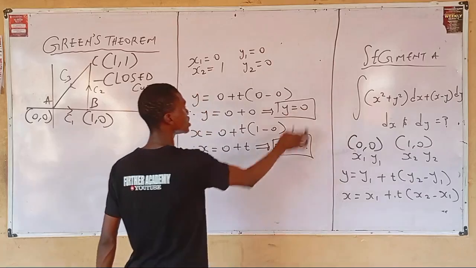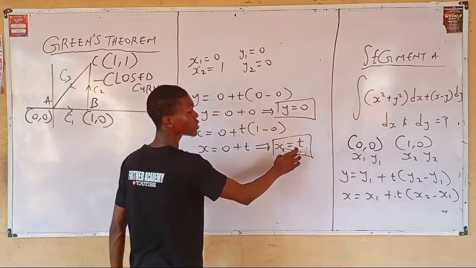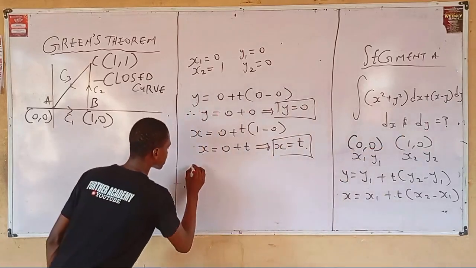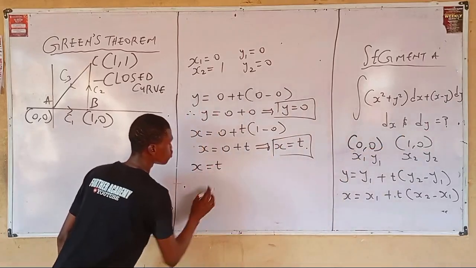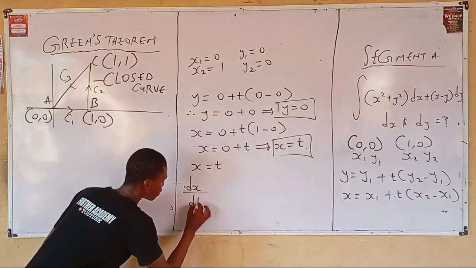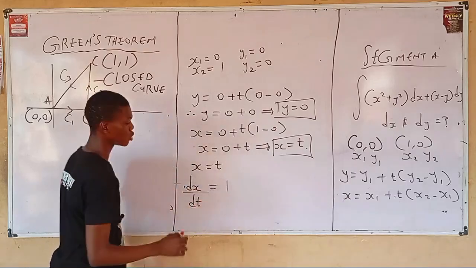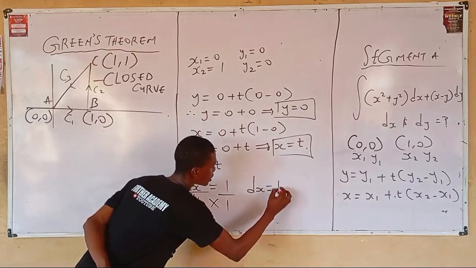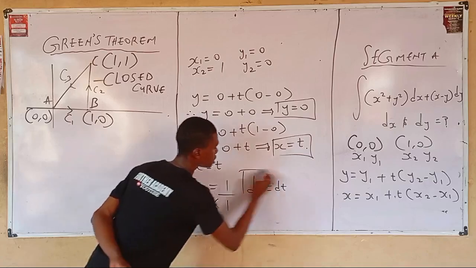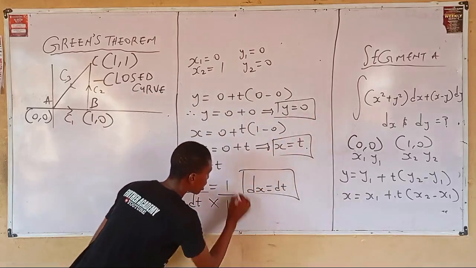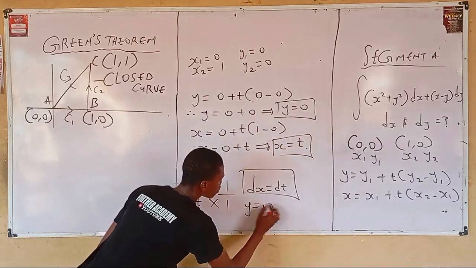By the time you differentiate the function of y and the function of x, you are going to get this unknown. Starting with x, I have x equals t. Let's differentiate, meaning dx over dt equals 1. Cross multiply, meaning dx equals dt. Similarly, I have y equals 0.